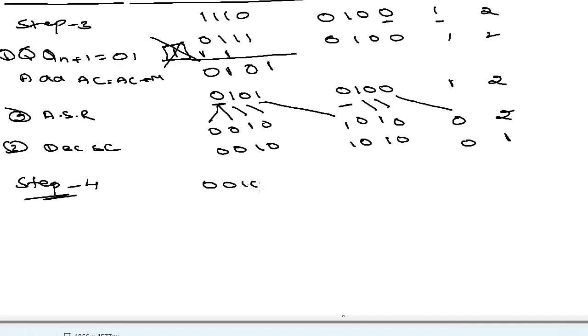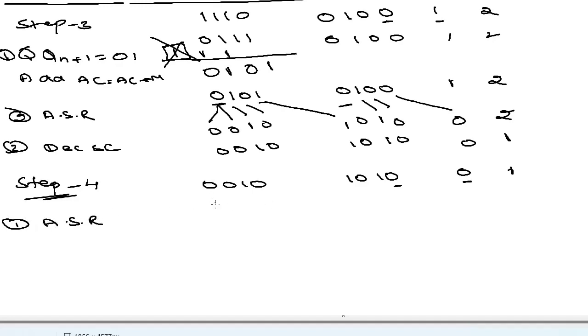0 0 1 0, 1 0 1 0 0 1. Again we have to compare Q0 and Qn plus 1, both are 0 0, both are equal. So the first operation we have to perform is arithmetic shift right.